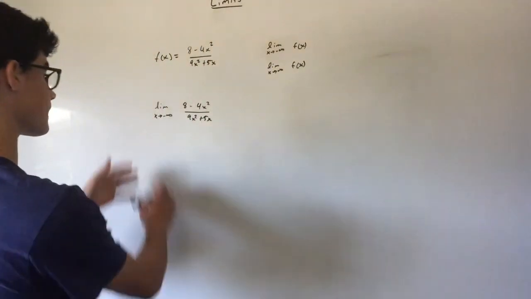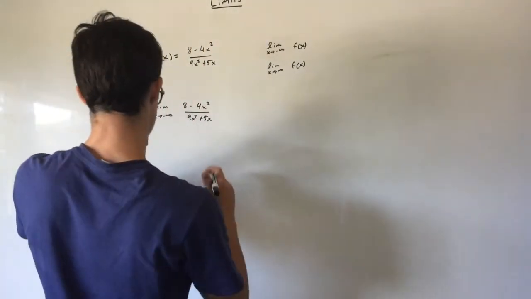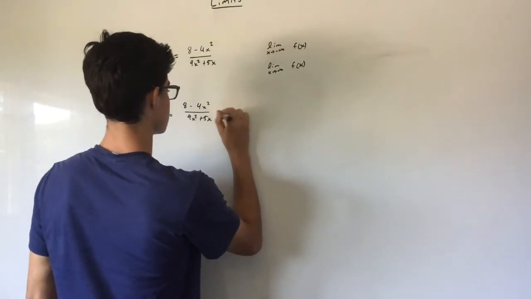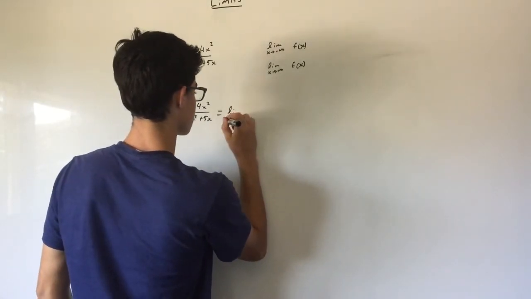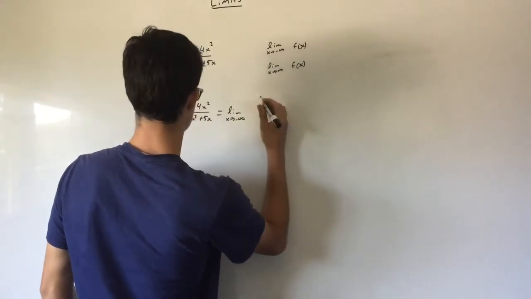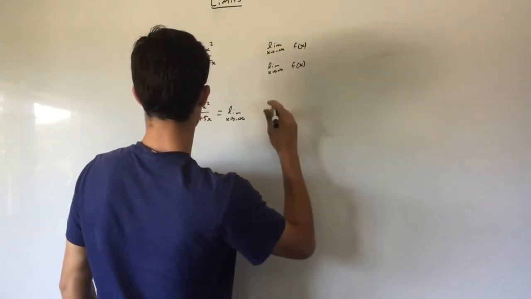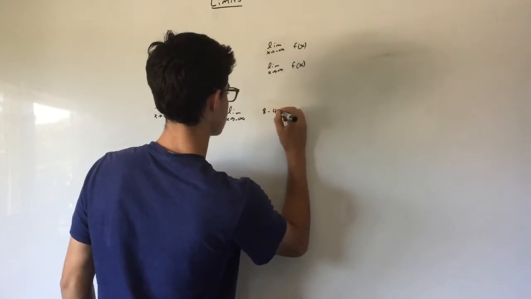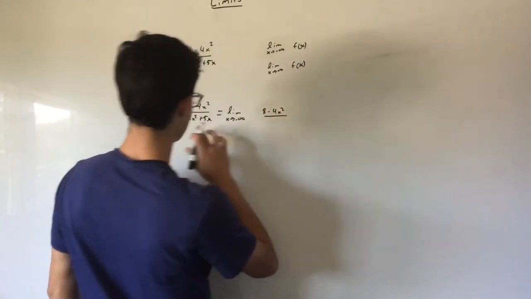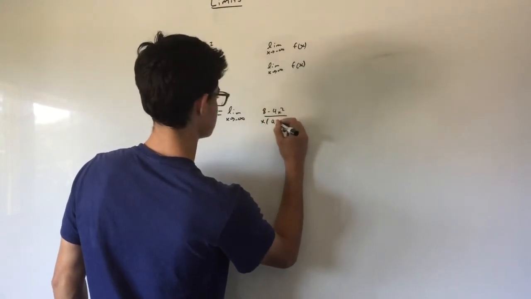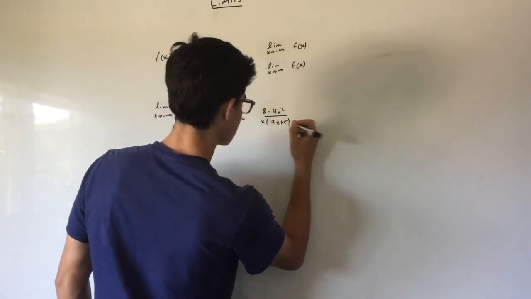And so let's test out as x approaches negative infinity. Well, first I like to factor things out, so we're going to rewrite this. And we'll factor out x from the bottom here.